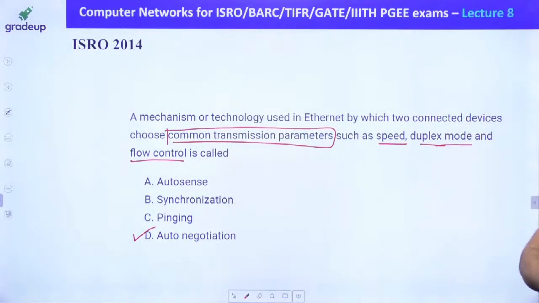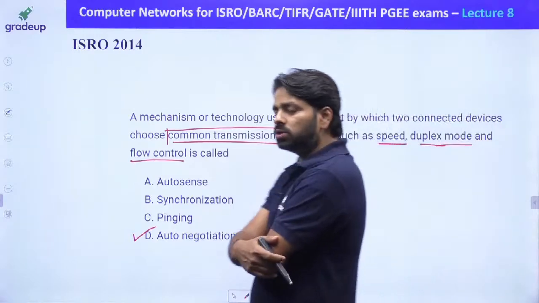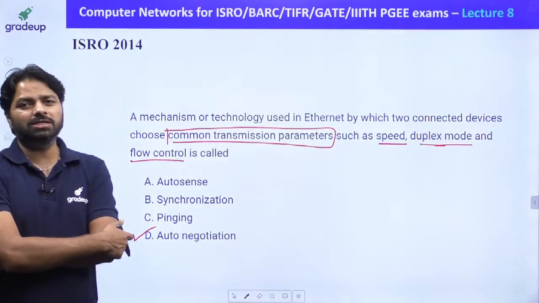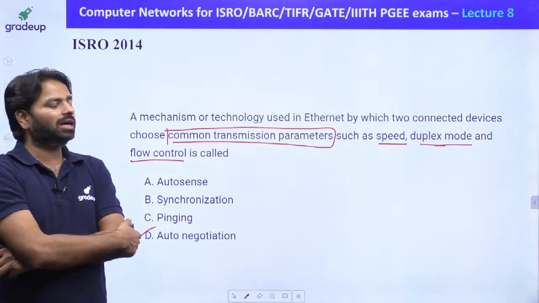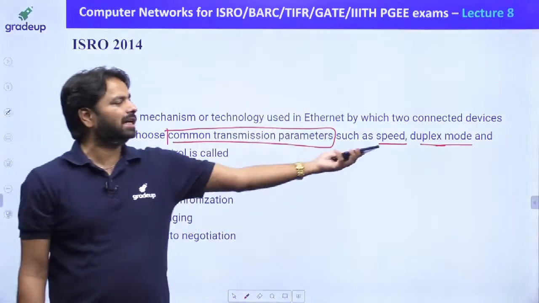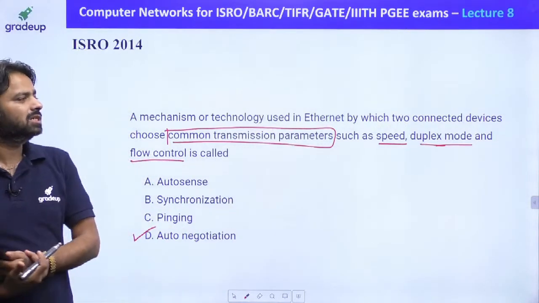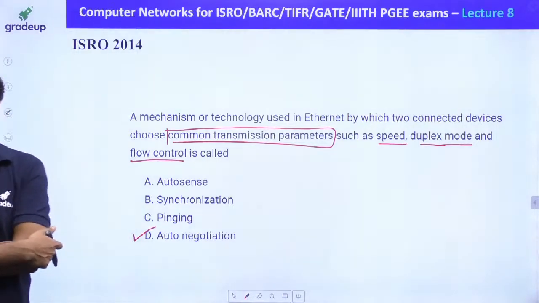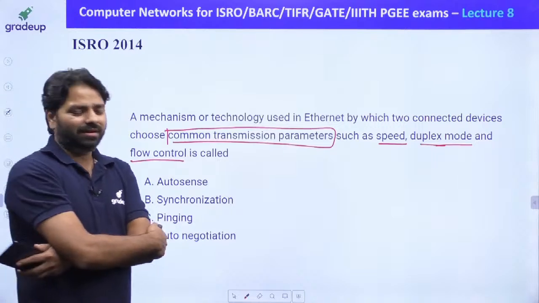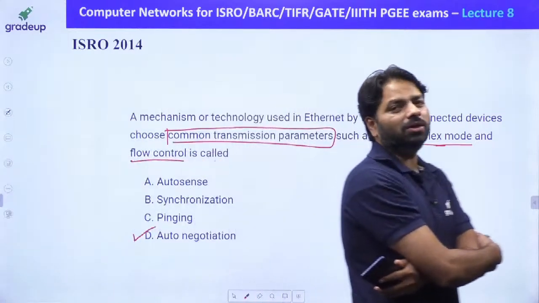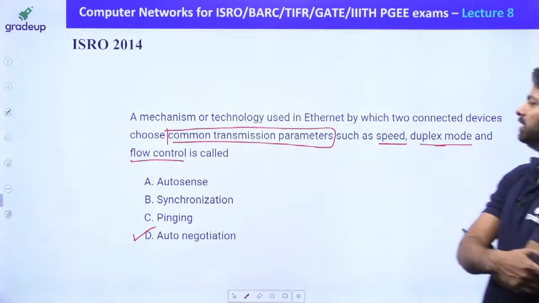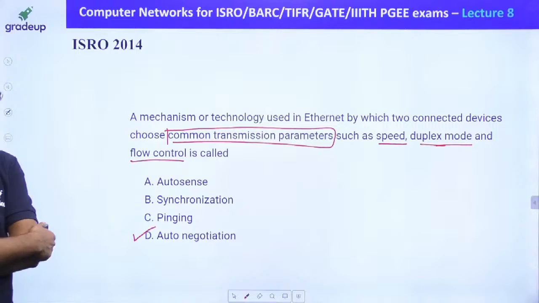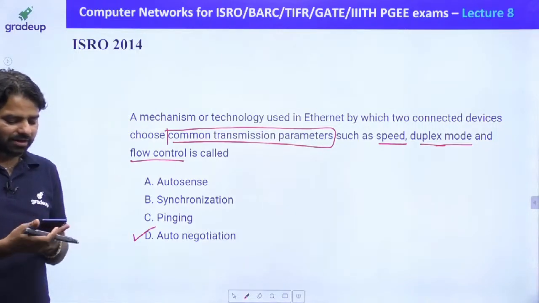Auto negotiation is a mechanism used in Ethernet to have these common transmission parameters as a standard technique: speed, duplex mode, flow control. Yeah, D. Correct. Synchronization is not going to guarantee all this. Yeah, D. All right.